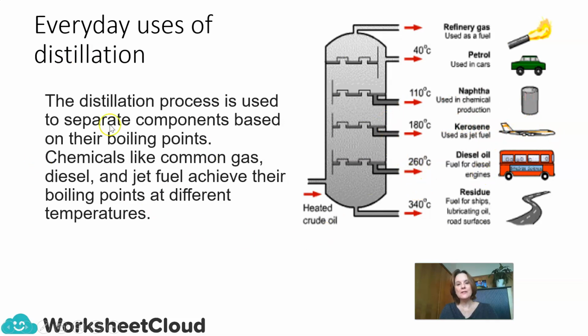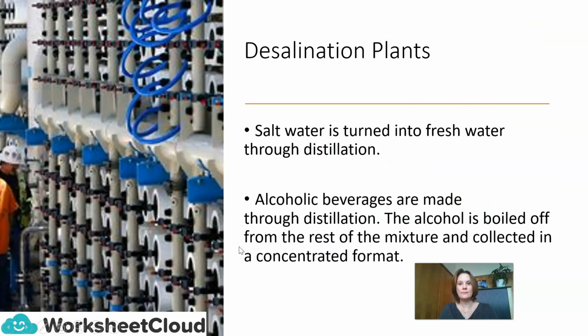So through the process of distillation and just using crude oil and making it reach different boiling temperatures, we are able to separate so many different products that we use in our everyday lives. We also use it in desalination plants. So recently in Cape Town, with the huge water crisis and the water shortage, we had to set up a desalination plant and we had to change seawater into pure drinking water.